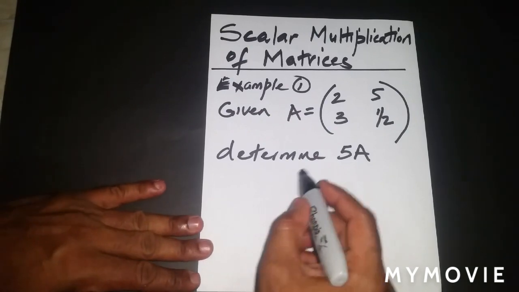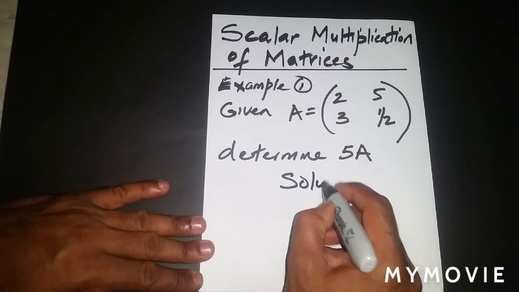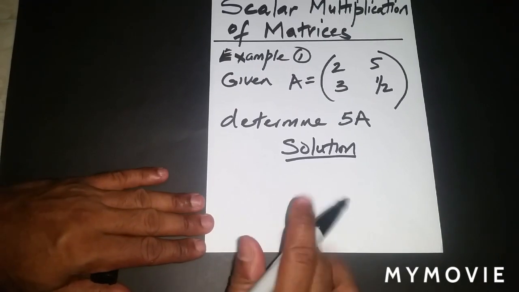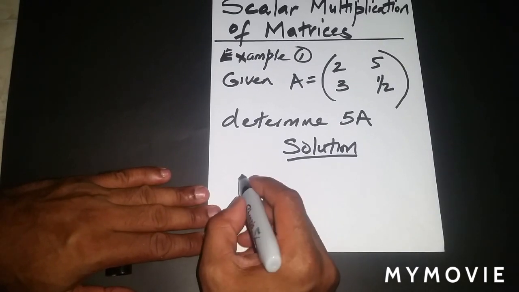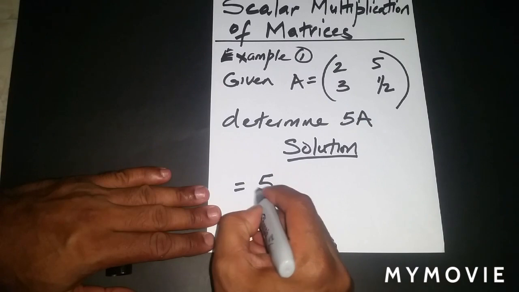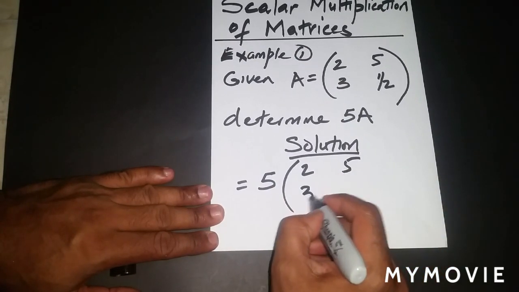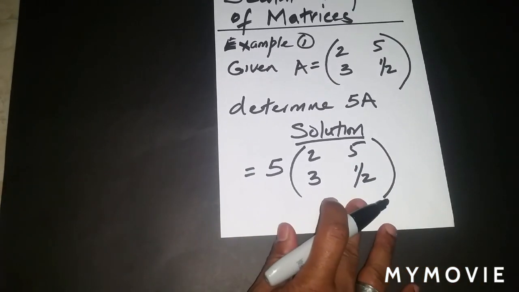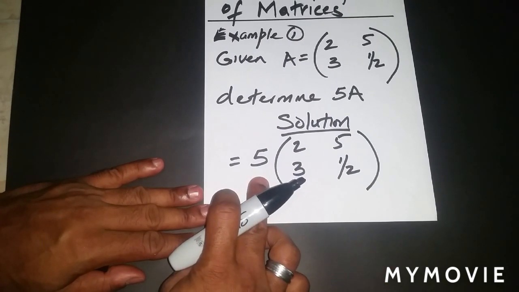So the solution to that question is very simple. Matrix A times 5 will be equal to 5 times 2, 5, 3 and a half. Now, all we're going to do here is multiply each of these elements by 5.